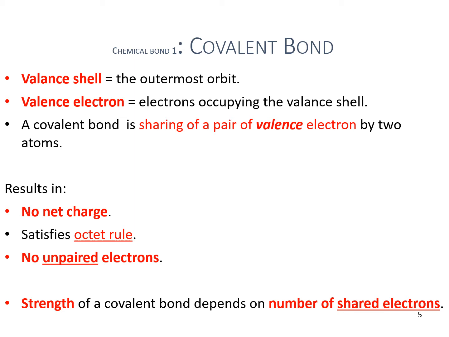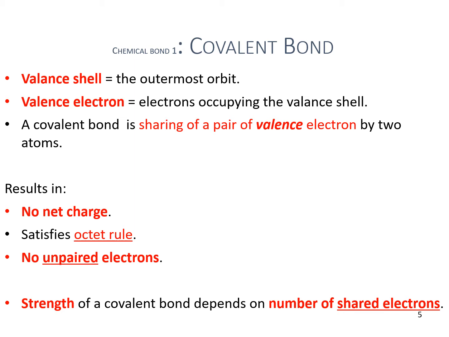For a covalent bond to form, it involves 2 atoms within a molecule sharing valence electrons, a pair of valence electrons shared between atoms within a molecule.